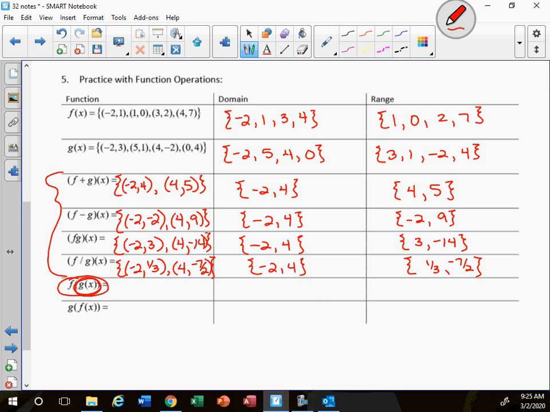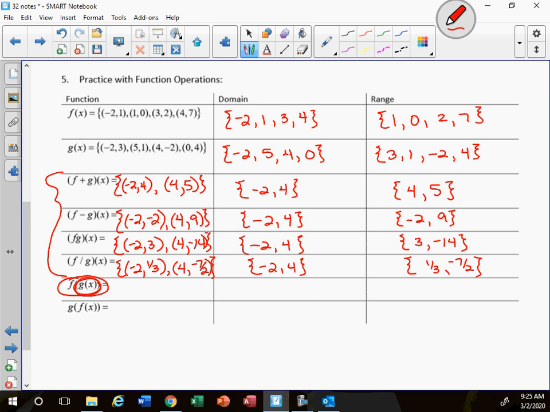Is that an input on the other function? Is there a 3 as an input? Yes? And what do I get as the output there? 2. So my first point on the composition here is negative 2, 2.